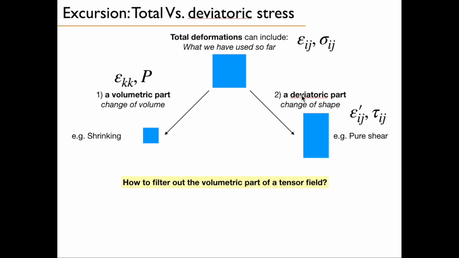This is a change of shape with no change of volume. Viscous deformations are mostly incompressible, so we will try to only consider the change of shapes associated with this deformation. So we will only deal with deviatoric parts.